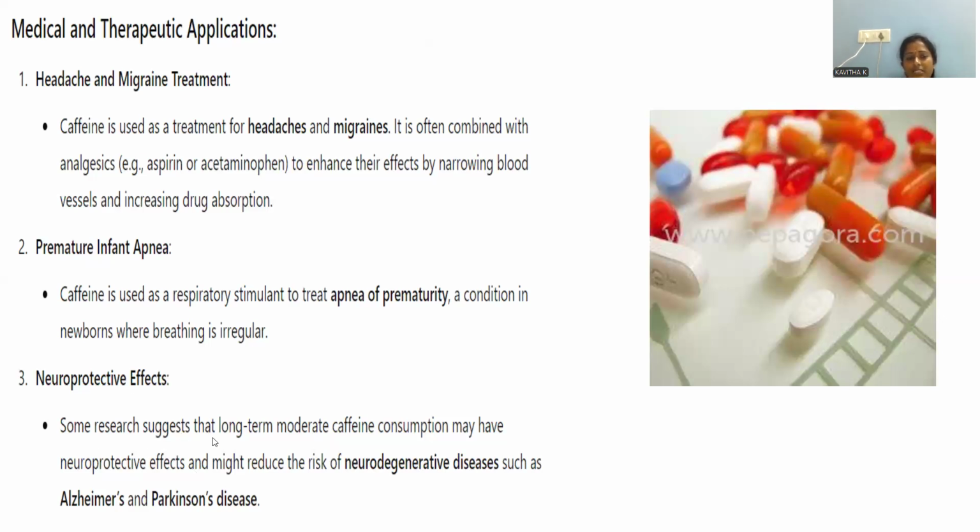Some research suggests that long-term moderate caffeine consumption may have neuroprotective effects and might reduce the risk of neurodegenerative diseases, right? The nervous system slowly degrades, its functioning is slowly retarded, and at that condition neurodegeneration is possible.